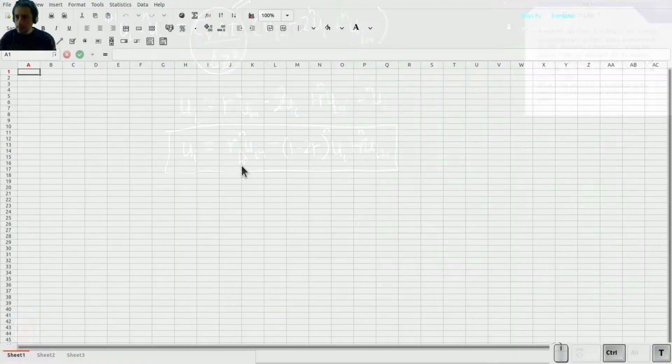Okay, so let us say we open a spreadsheet and want to solve the same problem.